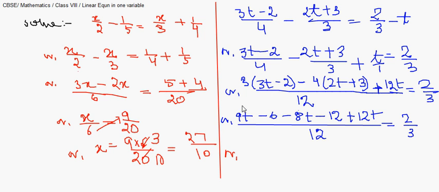If you see, it is 9t minus 8t and then plus 12t. You can use one more step to write down or collect the like terms together. That is 9t minus 8t plus 12t. That will give us 13t. Now you have minus 6 and minus 12, that's giving us minus 18, whole by 12. This is equal to 2 by 3.